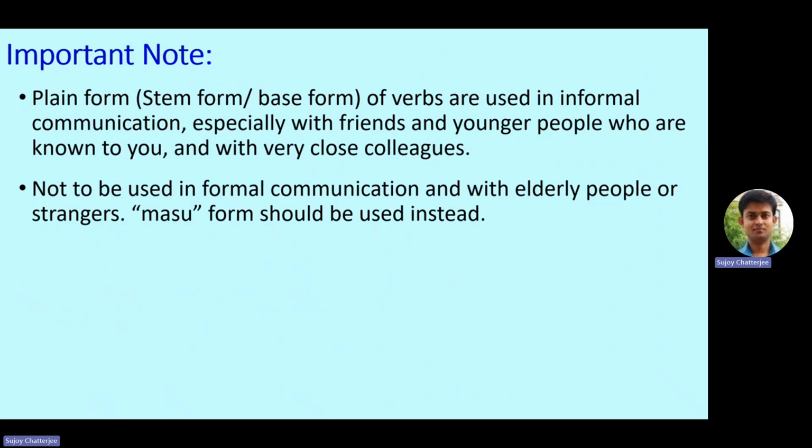In those cases, the formal masu form should be used. That means masu, masen, mashita, masendeshita. So those forms that we have been studying since the beginning should be used.